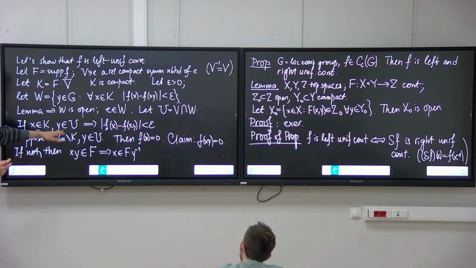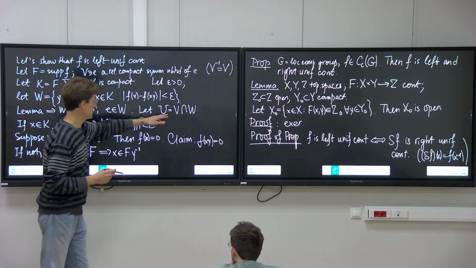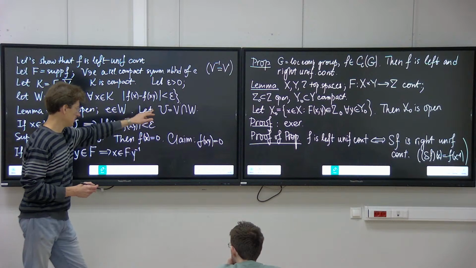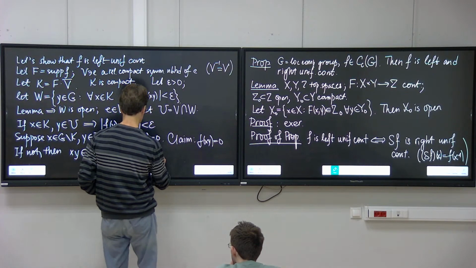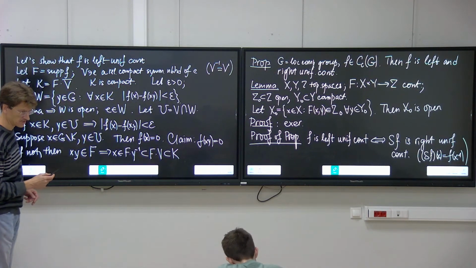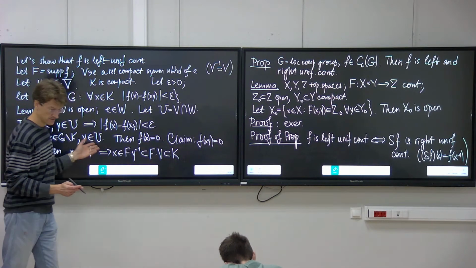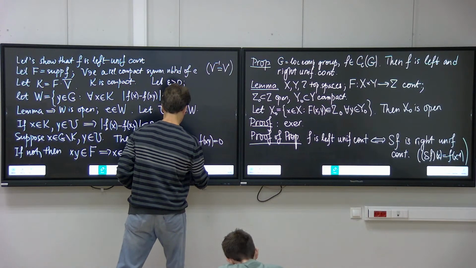But y sits in U. So in particular, y sits in V. V is symmetric, so y inverse also sits in V. So we are in F times V, which is contained in K. And we get a contradiction, because we assumed that x is not in K, and finally we obtain that it is in K. So this is a contradiction.